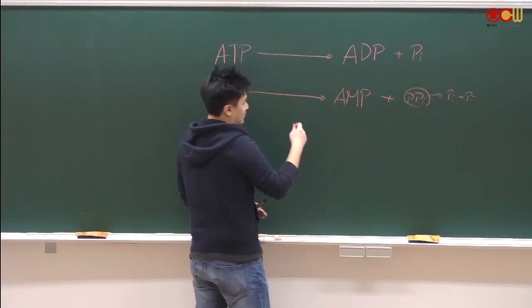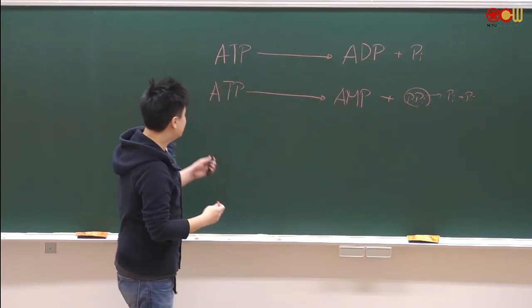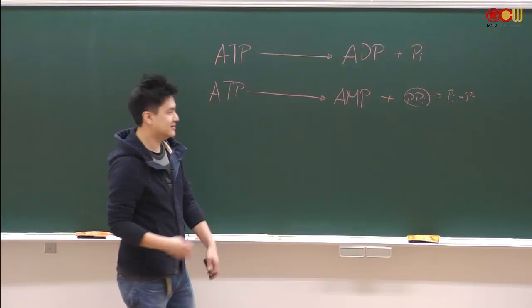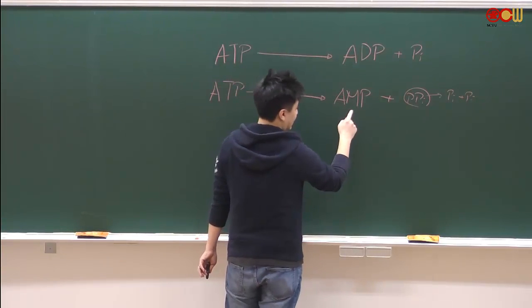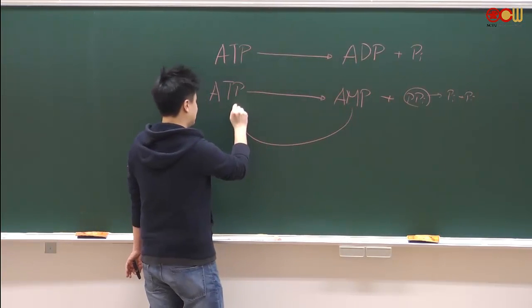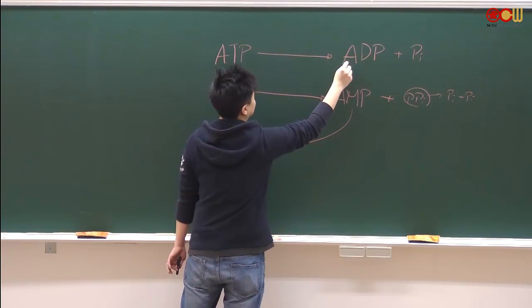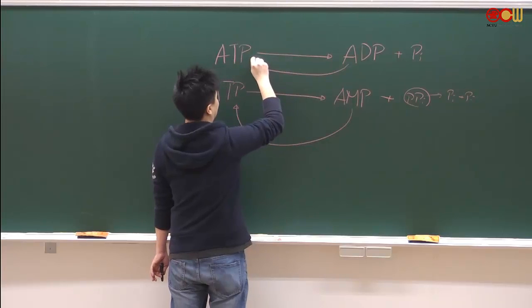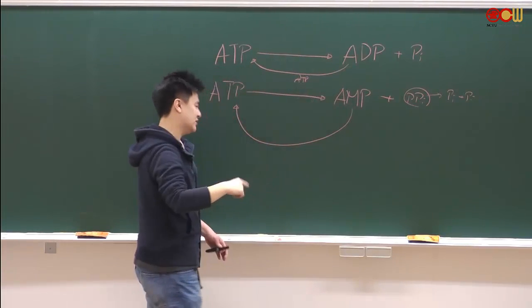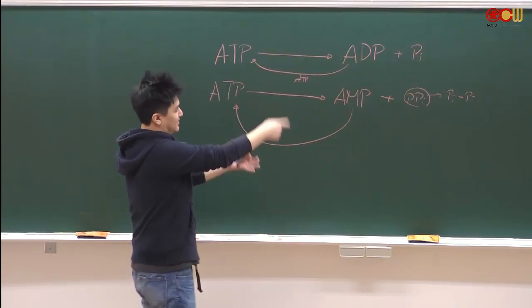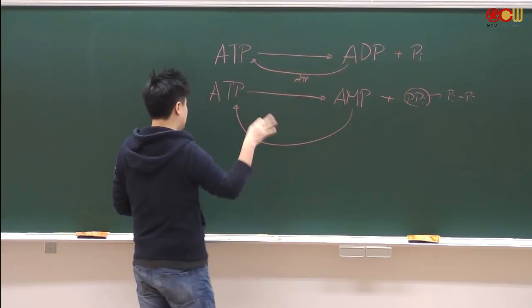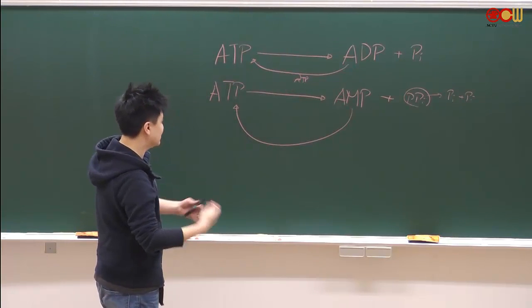The reason why I say it's essentially the same thing as consuming 2 ATP is because to generate AMP back to ATP, you can go back by consuming 1 ATP. We'll talk about how you generate ATP a couple lectures later.